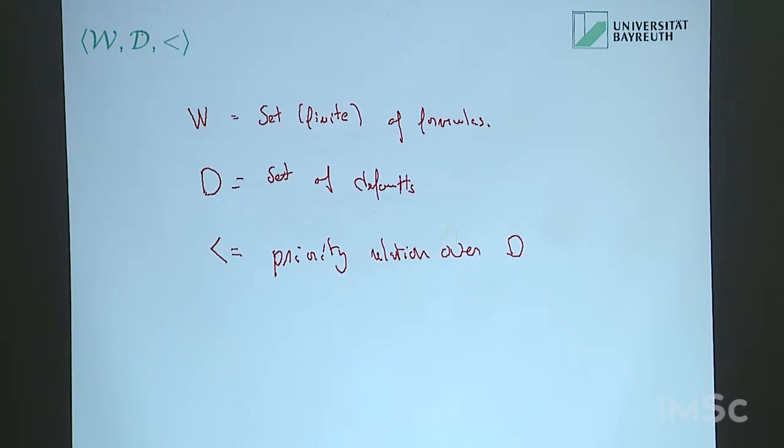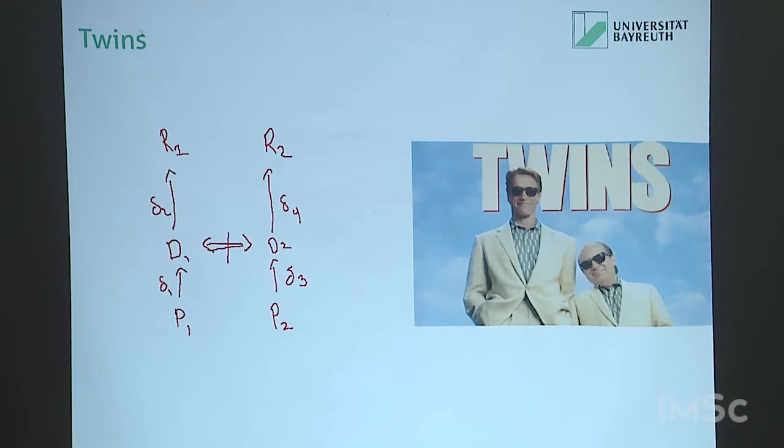You can think of these arrows here as defaults, so D1, R1. The intuitive interpretation is that if you have D1, you're allowed to infer R1. It's an inference ticket.